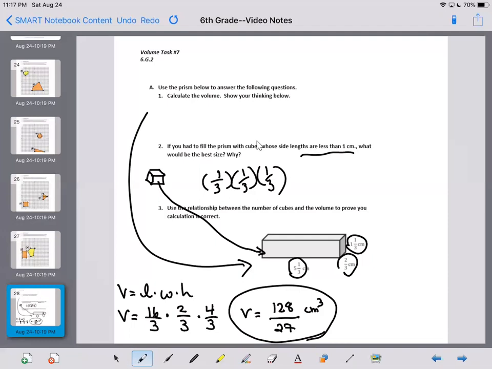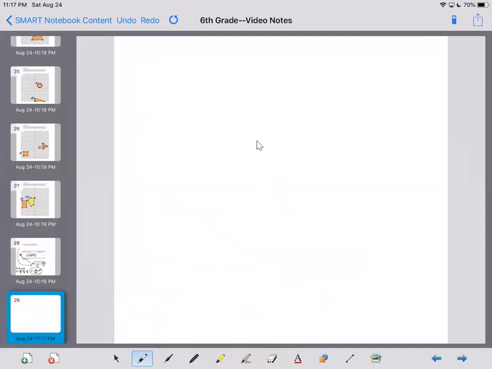So now, if the small cube is 1/3 by 1/3 by 1/3, then you're looking at 1/27 cubic units.